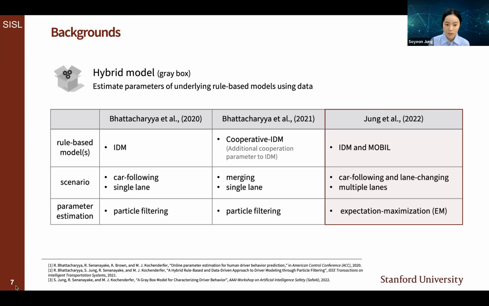There are some advantages of using the EM algorithm. First, we can use expert knowledge to define the prior distributions over the parameters. Second, the algorithm monotonically increases the likelihood with each iteration. So we can have higher data efficiency.